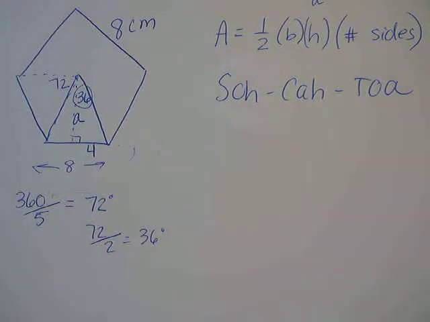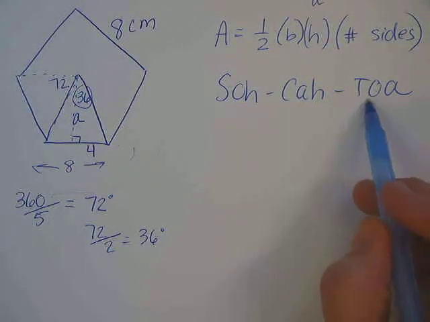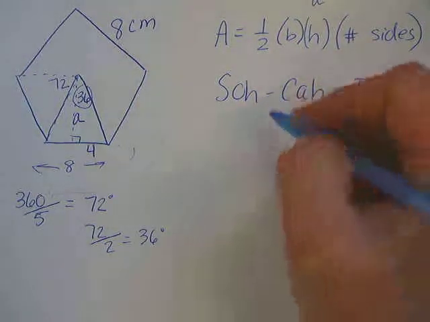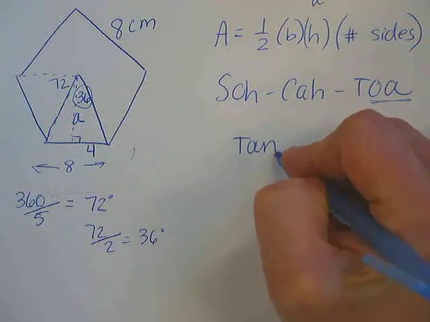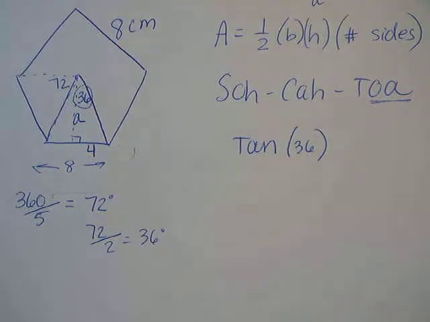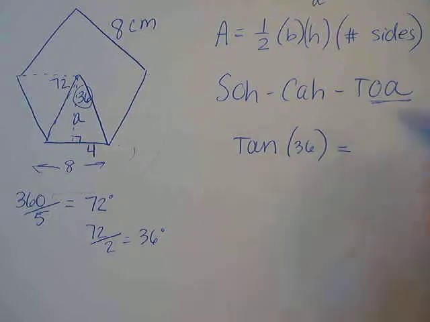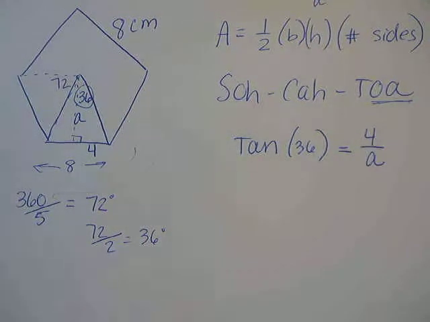If I have opposite and adjacent for that angle that's 36 degrees, what function should I be using? Tangent is opposite and adjacent. So remember the setup is the trig function, the angle, so the tangent of 36 equals the opposite, which is 4, over the adjacent, which is A.